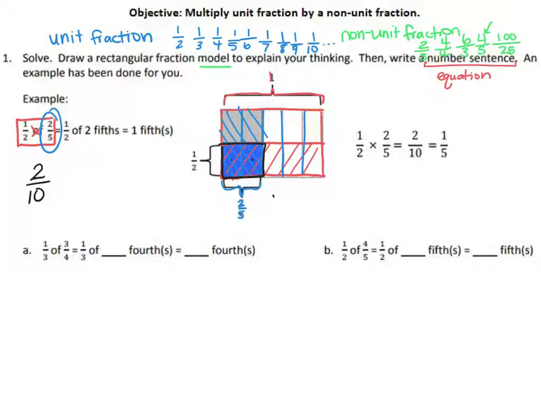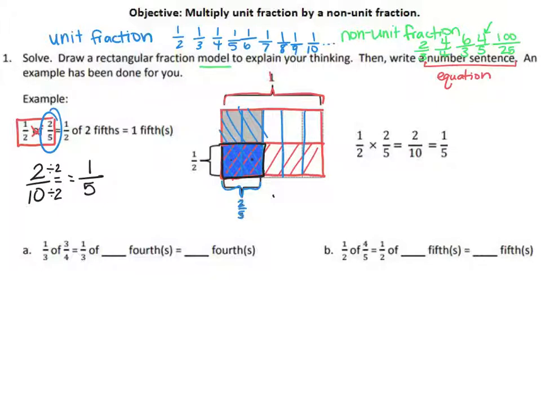Now, we know that we can reduce 2/10 by dividing the top number by 2 and dividing the bottom number by 2. 2 divided by 2 is 1, and 10 divided by 2 is 5. Now, in their example, they used unit form also, which you can do if you would like, but it's not necessary.